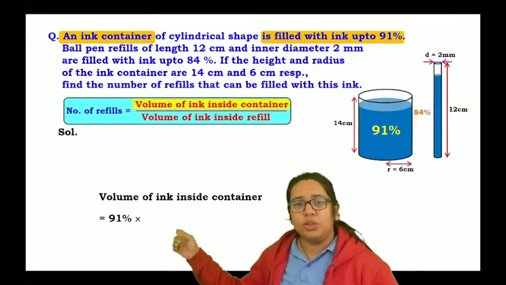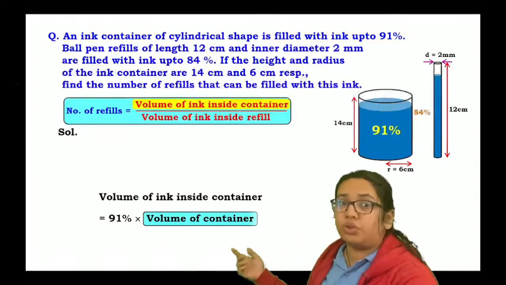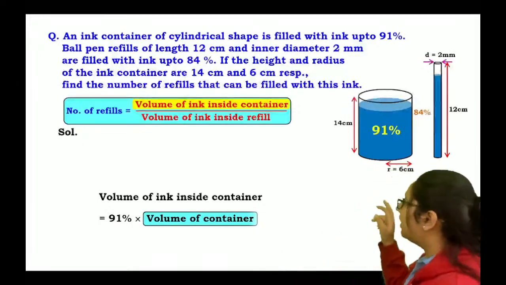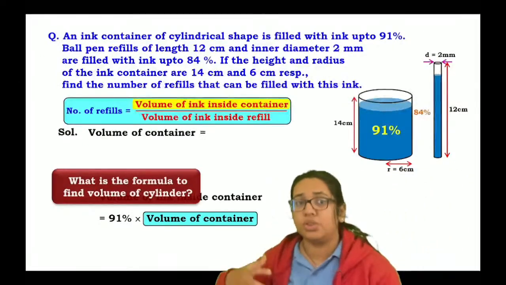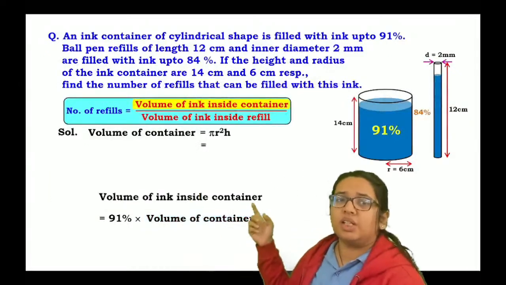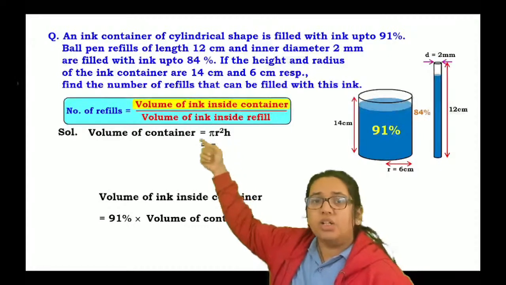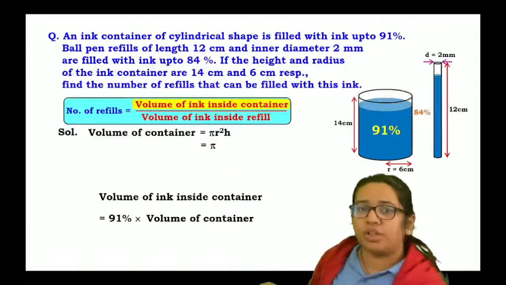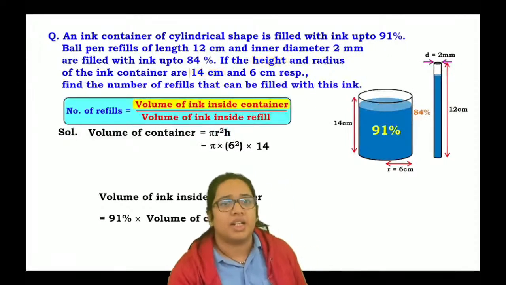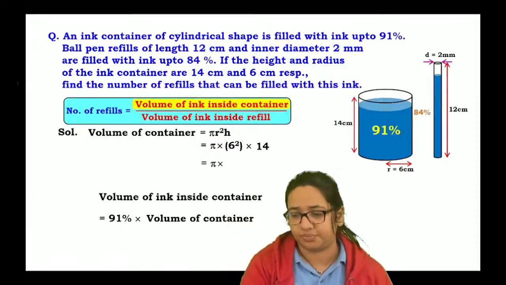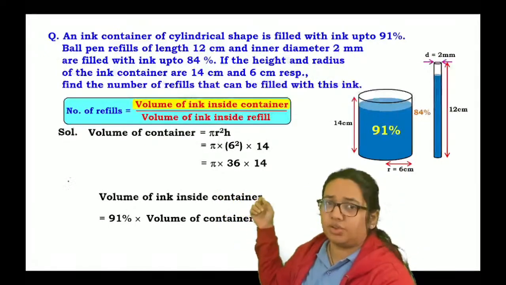Now the volume of the ink inside the container is 91% of the volume of the container, and the container is cylindrical. So we use the volume of the cylinder, pi r square h. Pi stays as it is, r for the container is 6 centimeter and h is 14. So its value will be pi into 36 into 14.